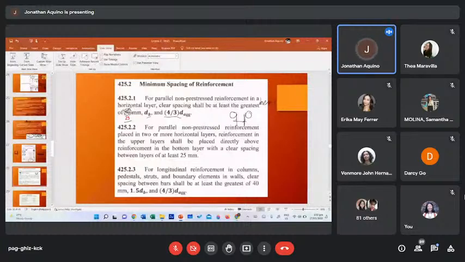Okay, 40 millimeter, 1.5 db, and 4/3 of aggregate. Then sometimes we have multi-layer rebar. In mga cases kasi minsan hindi kaya sa one layer lang, so kailangan ng 2 layers na reinforcing bars. So the minimum requirement by code in layers, it should be 25 millimeter or bigger. So ito yung minimum requirement ng code.